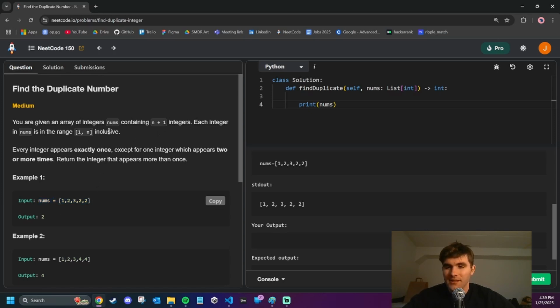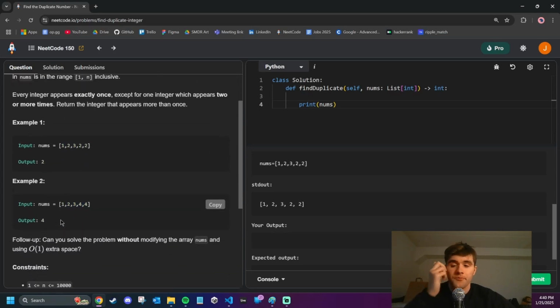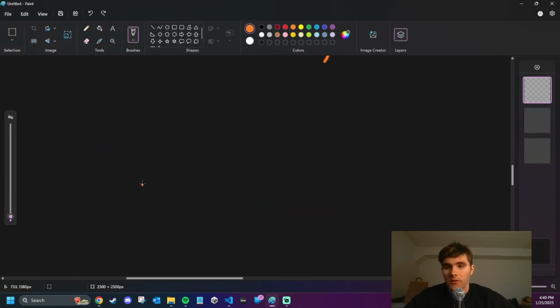But you don't necessarily have to go from 1 to n, because here n is 4, and we have 1, 2, 3. Here n is also 4, and we have 1, 2, 3, 4. You could also have like 0, 0. Well, it has to be 1, so you could have like 1, 1.